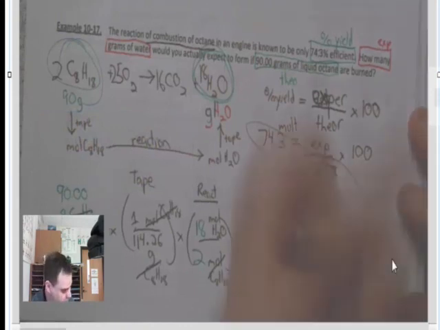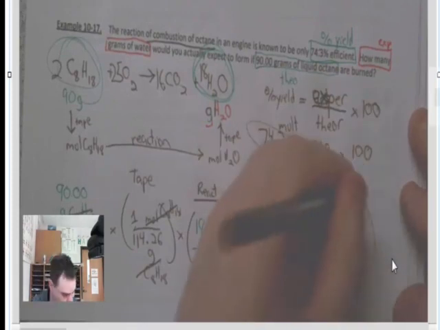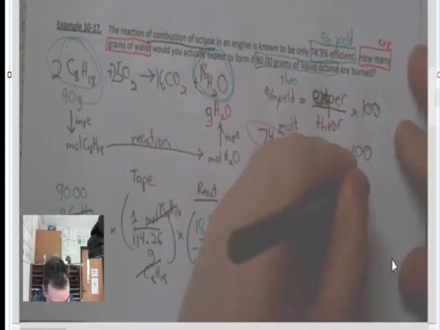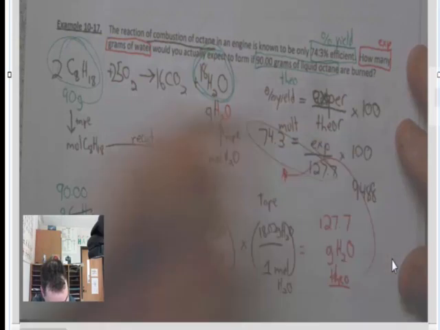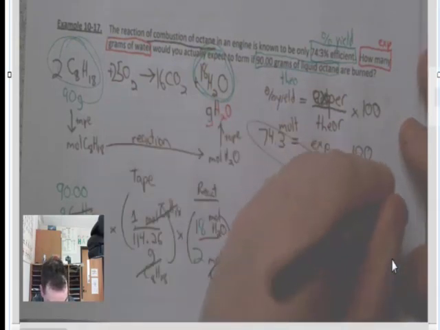And I don't have a calculator here. So then I get 9,488.11 equals experimental times 100.